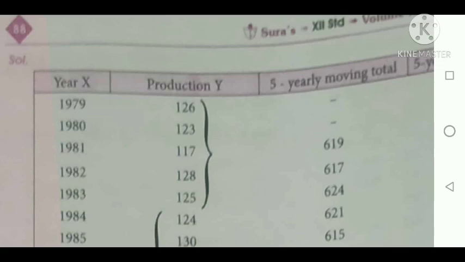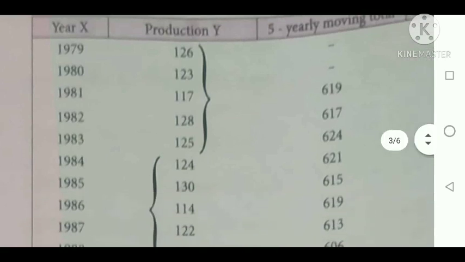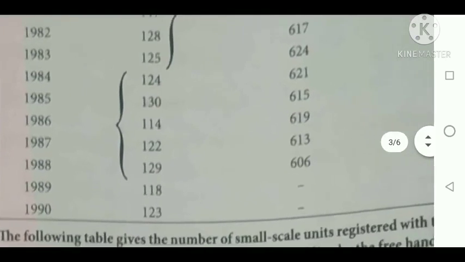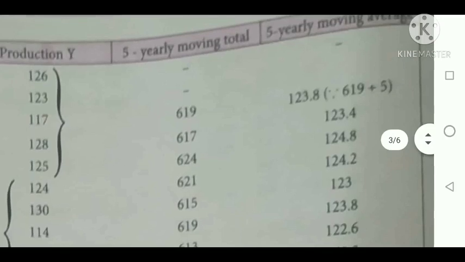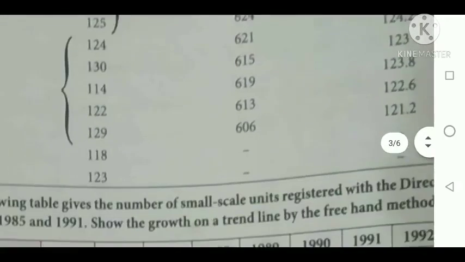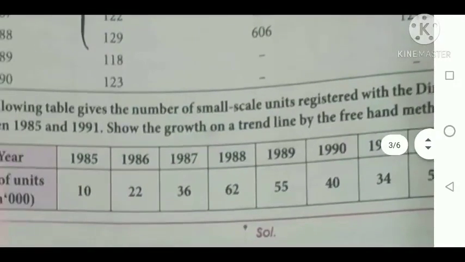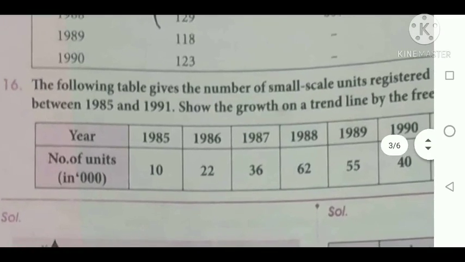After that add 80, 81, 82, 83, 84 production. Then you go like this, one by one. For getting the value, divide it by 5 because it is a 5-year moving average. That's all. Moving average is very simple to get the answer. Now we are going to see the next sum.